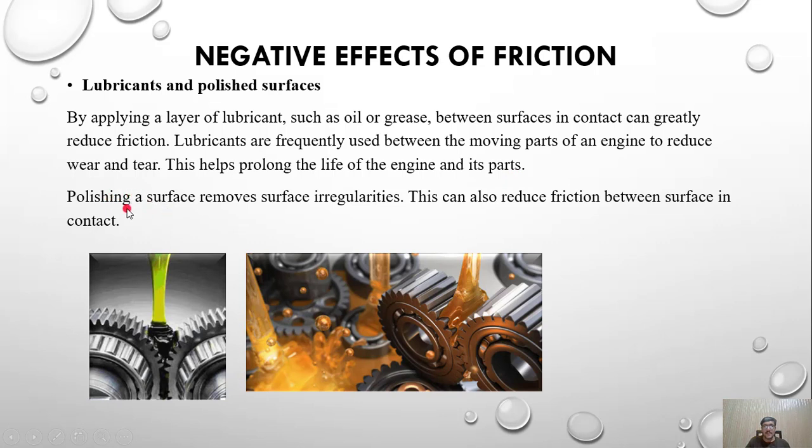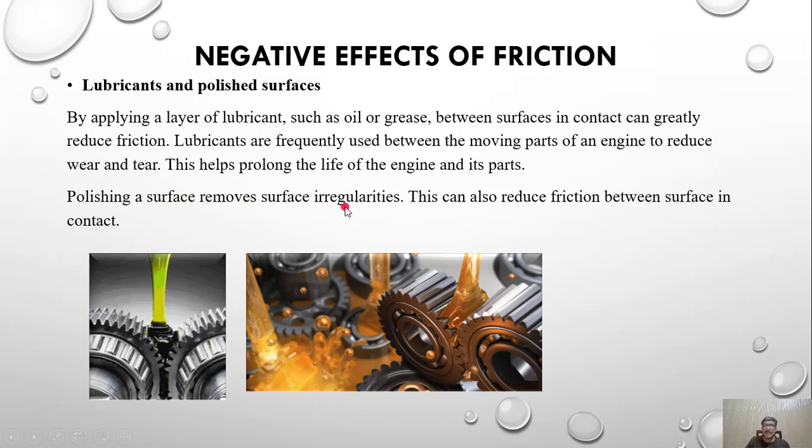Even if you see here, polishing a surface removes some irregularities. This can also reduce friction between surfaces in contact. Here you can take the example that we mostly polish furniture. Why?